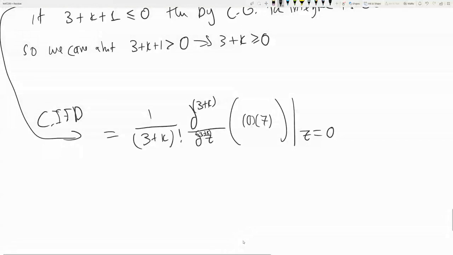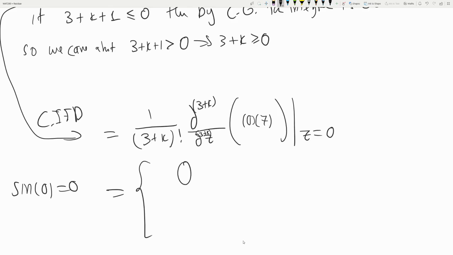All right. So sine of 0 is 0, so not every term survives. So this is equal to 0 when 3 plus k is odd. In other words, when k is even.